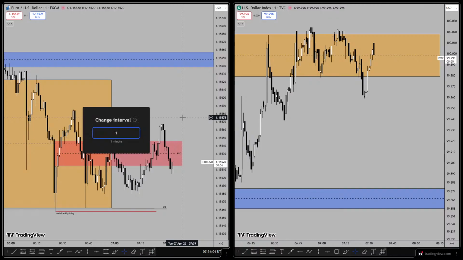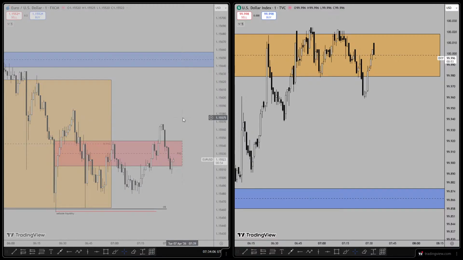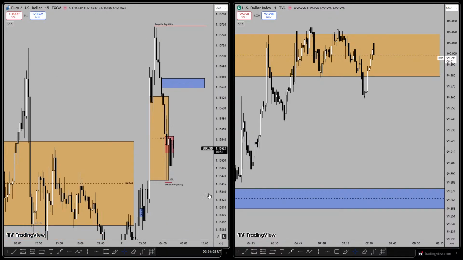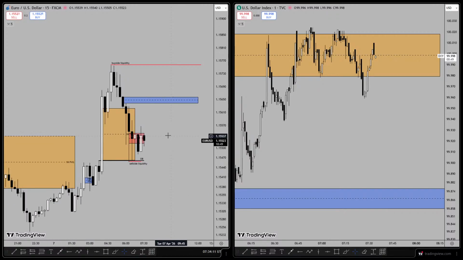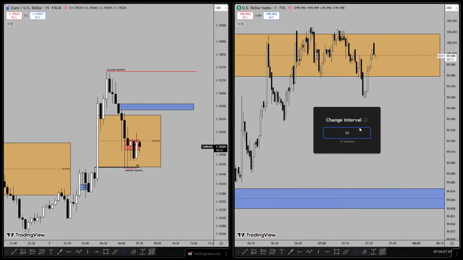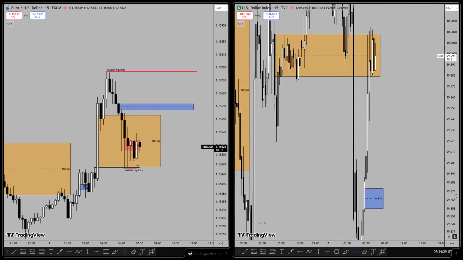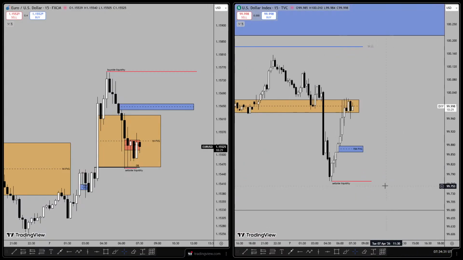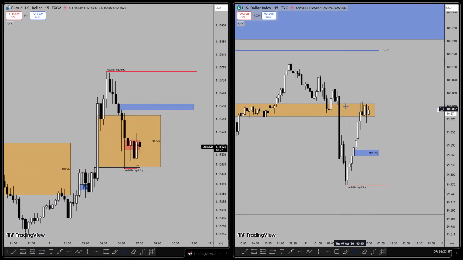Let's look at the 15 minutes. Let's look at the same 15 minute dollar index. Now the trade idea is still valid.